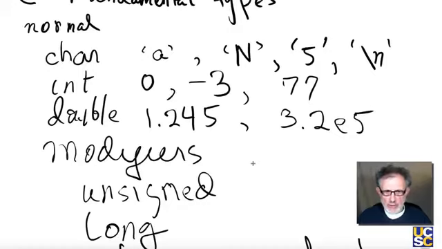Long is going to apply to both the integers and to the doubles, and they're going to mean, well, we might have a range, which typically for the integers is plus or minus 2 billion, and we want a longer range. So that will increase the range of those numbers significantly, and we might need it for a bigger calculation over bigger numbers. Finally, the same thing is true for doubles. We're actually going to have 3 kinds of doubles.